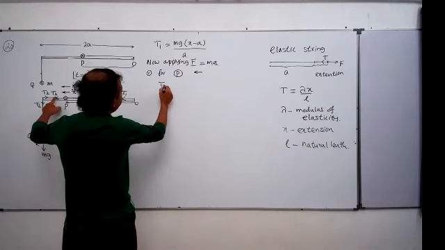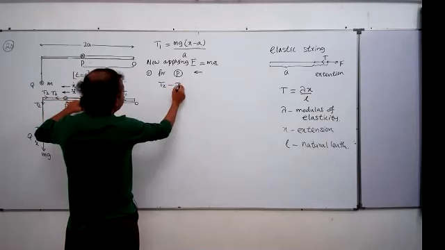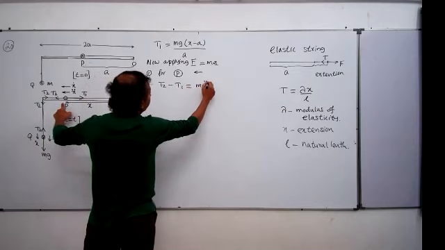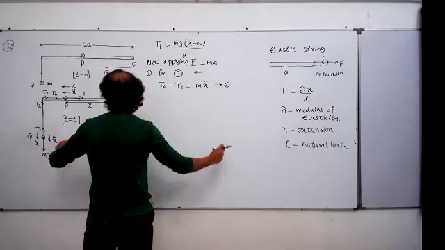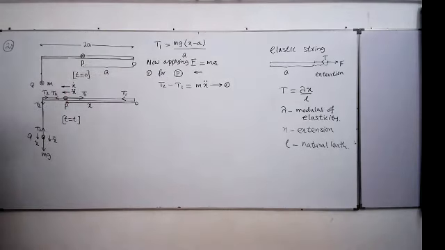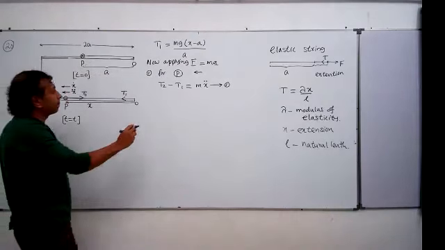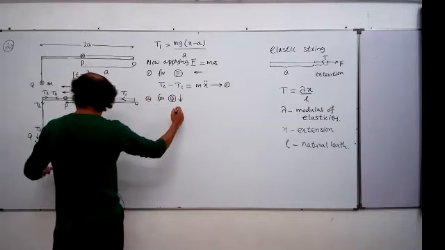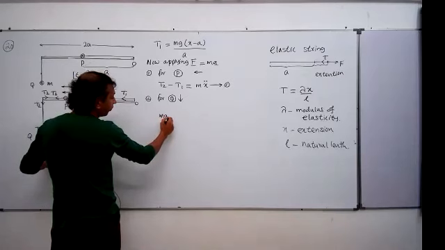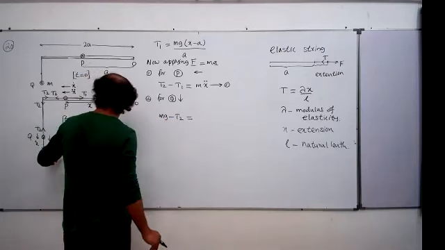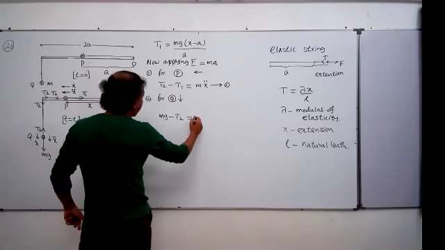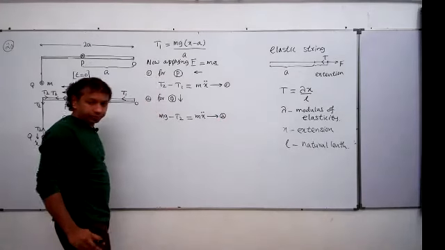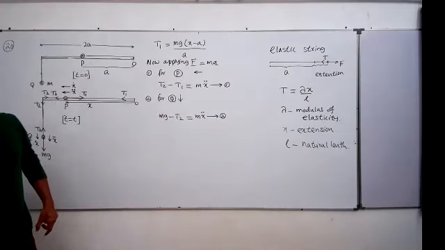T2 minus T1 equals m times x double dot, number 1. And secondly, for Q downward, mg minus T2 equals m x double dot, number 2.